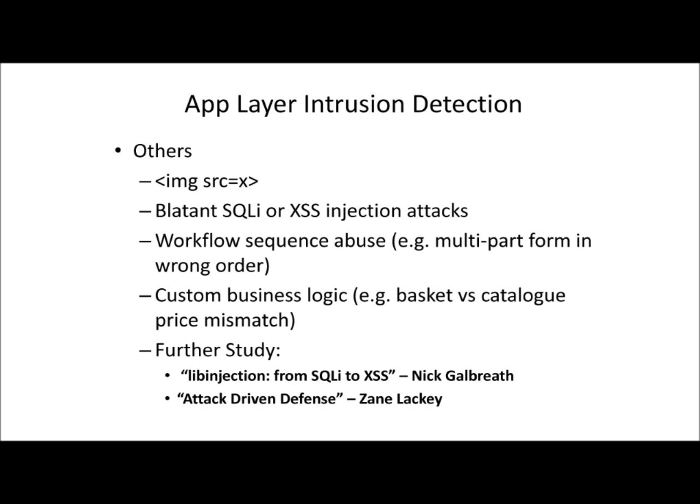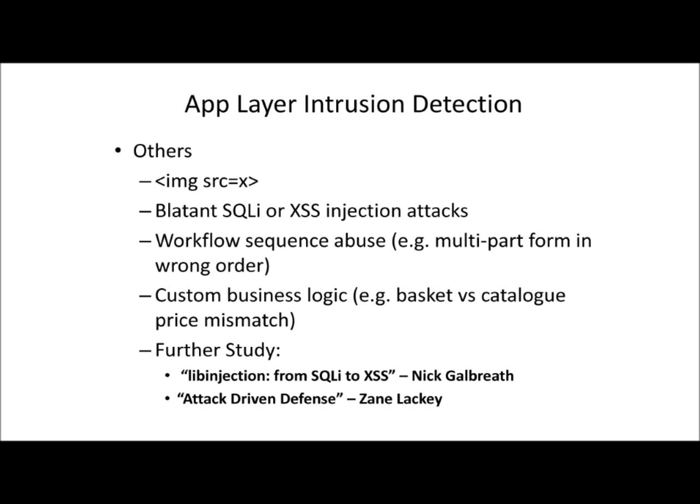Whenever we detect image source is the letter X, this is something that a web scanner would do. No normal user would send that in. Or maybe the attacker is abusing workflow sequence, or they're abusing some kind of business logic. There are many places in our code that we can detect as hacker activity, and some of the researchers in this area are Nick Galbraith and Zane Lackey.